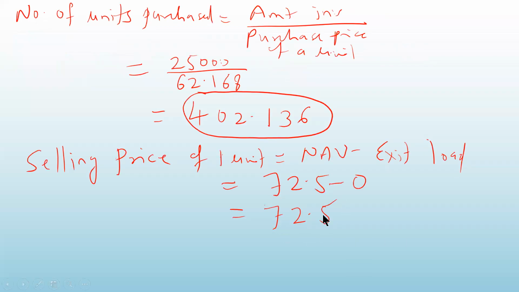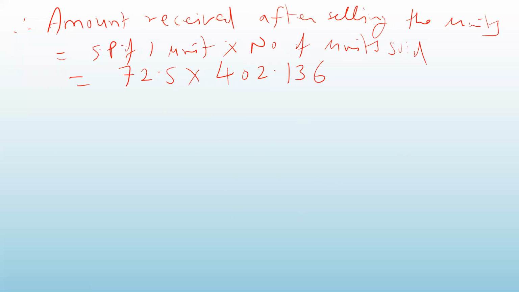If the selling price of one unit is 72.5 and 402.136 is the number of units, find out: 72.5 multiplied by 402.136. So you are getting 29,154.86. This much is the amount received. So what else we have to find out?